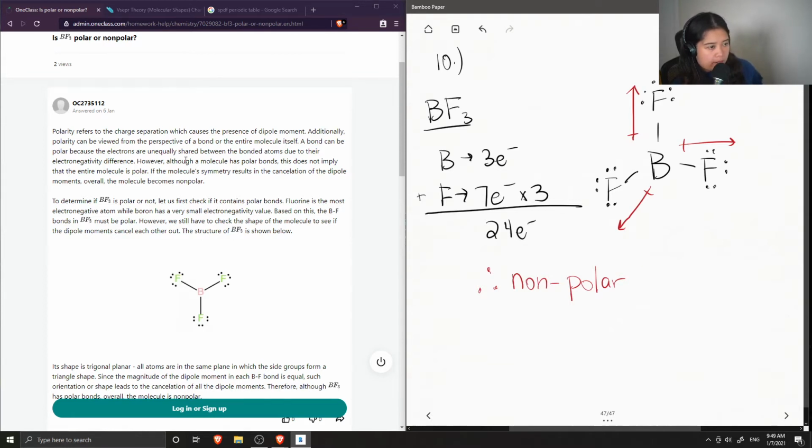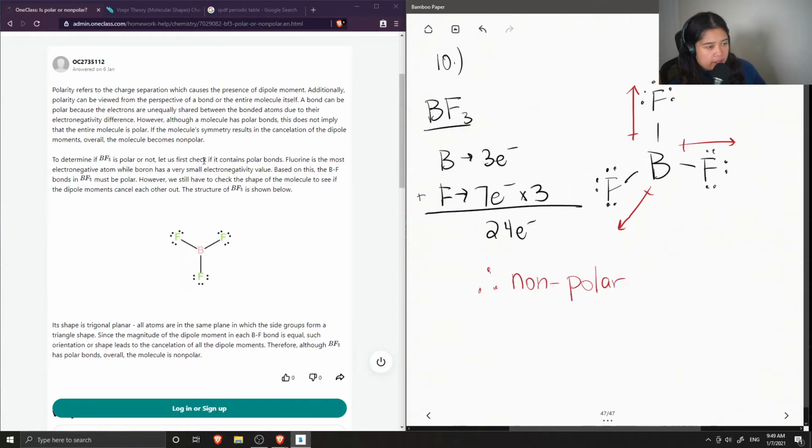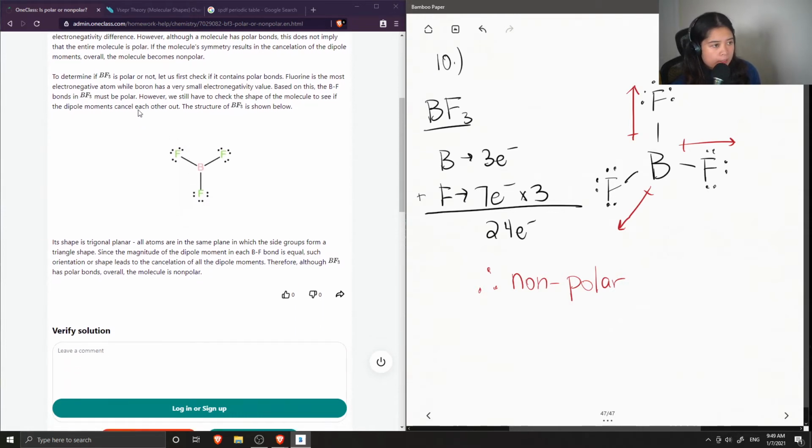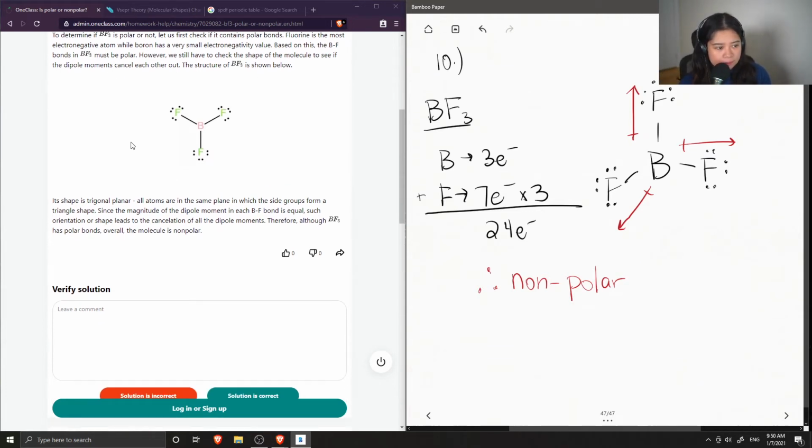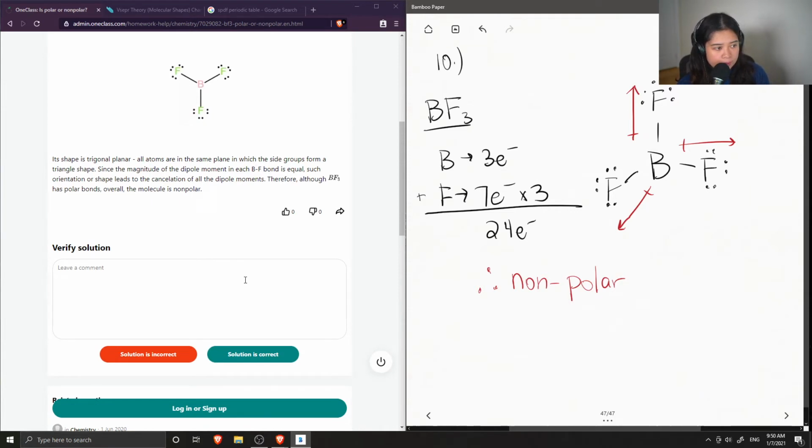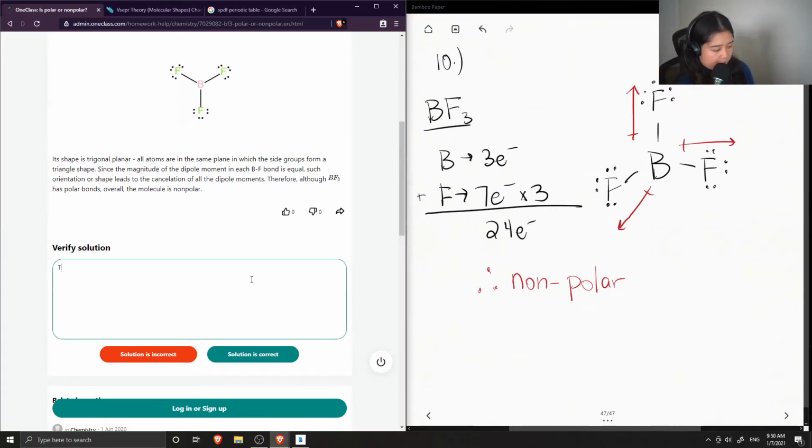However, although a molecule has polar bonds, this does not imply that the entire molecule is polar. The molecule's symmetry results in the cancellation of the dipole moments. Overall, the molecule becomes nonpolar. So they noted that the molecule contains polar bonds, but when they look at the shape of the entire molecule, the dipole moments cancel each other out. Yep, so this solution is correct.